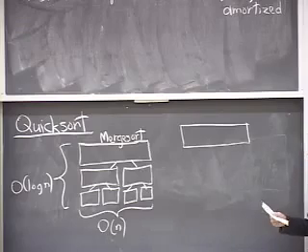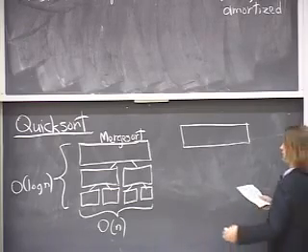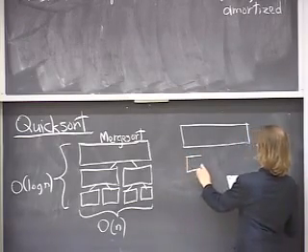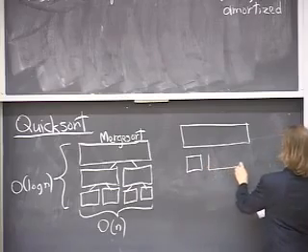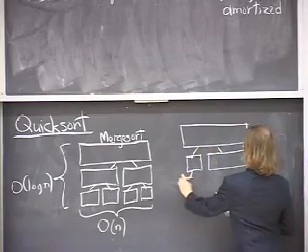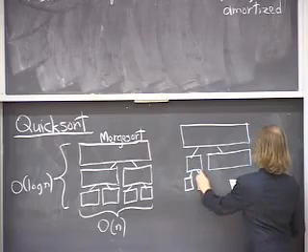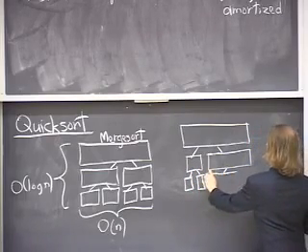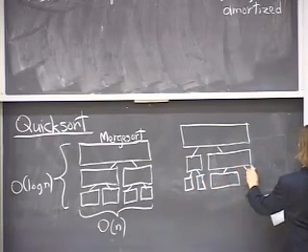Start with the same block, and maybe this piece comes out small and this piece comes out big. And then this gets partitioned down a little more. And maybe the left piece comes out big and the right piece comes out small.